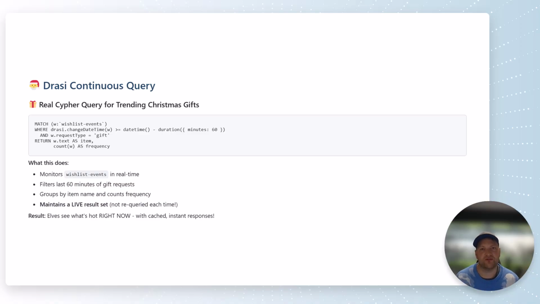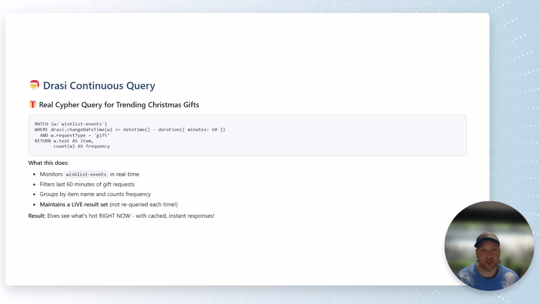So this is a Cypher query that was in use for the change request that was monitoring the wishlist events from the Cosmos database source.